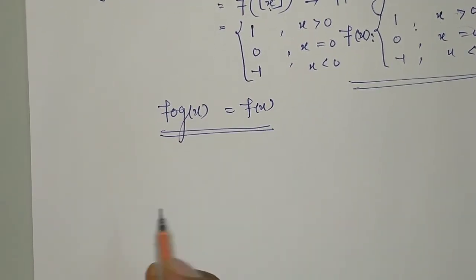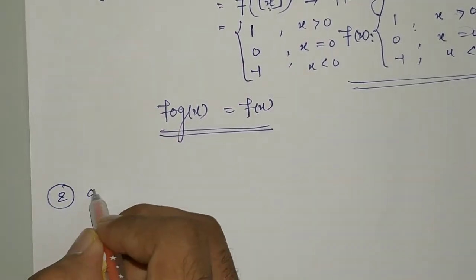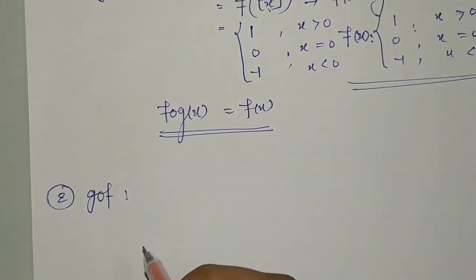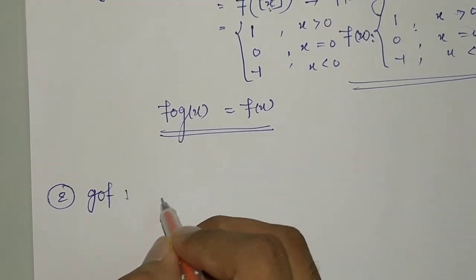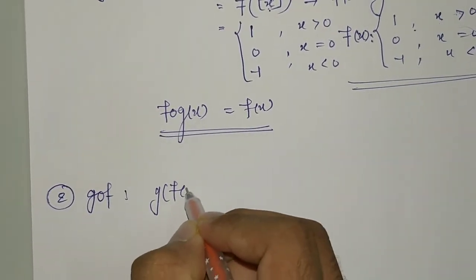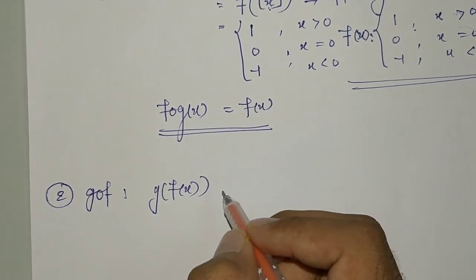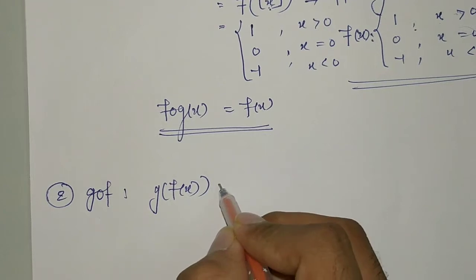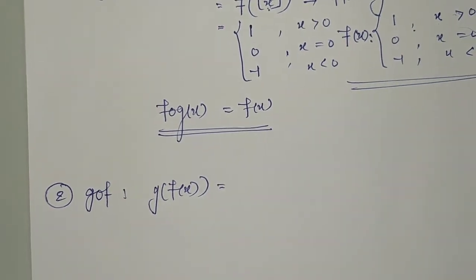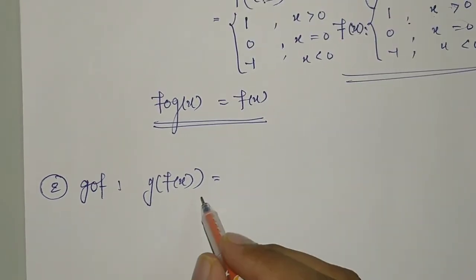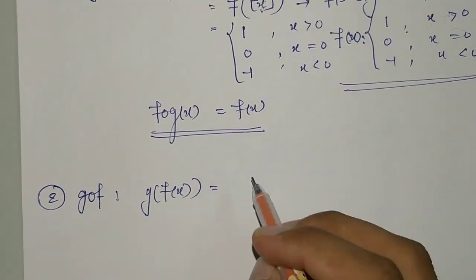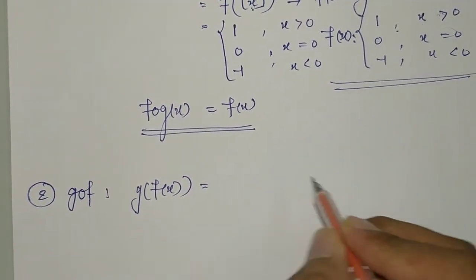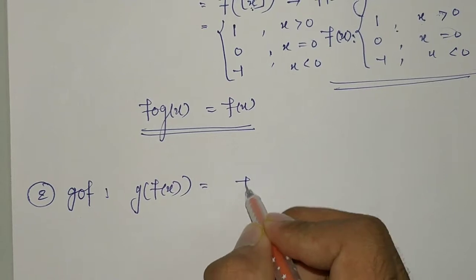Now the second one, gof. That means g of f of x. Now f of x is a signum function.